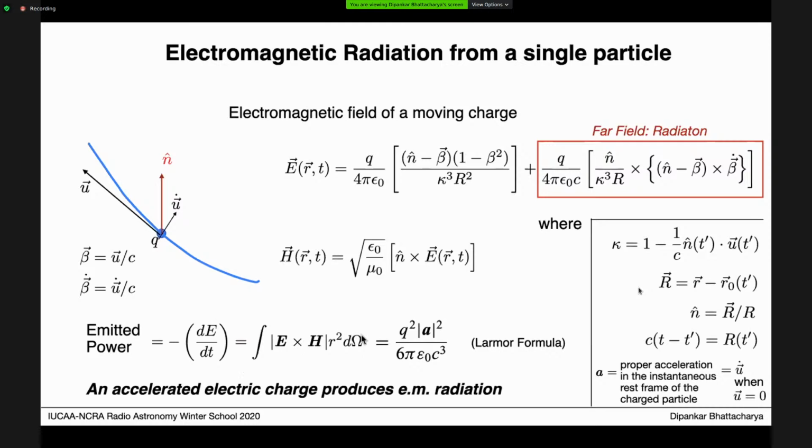E cross H r squared d omega, where d omega is the solid angle. So the total emitted radiation, which is E cross H r squared d omega at any given r, is now independent of r, because E cross H is proportional to 1 by r squared, and the surface area is proportional to r squared, so that cancels.